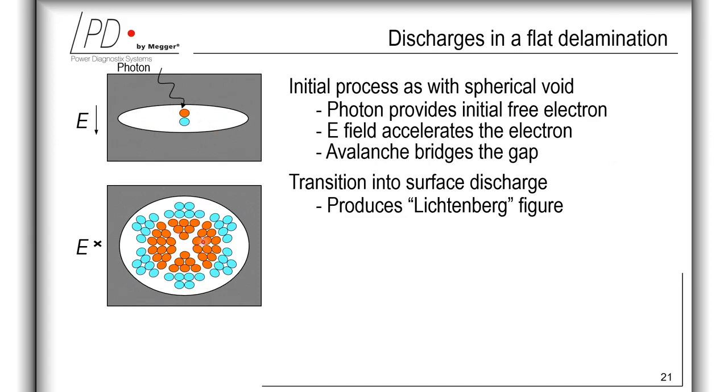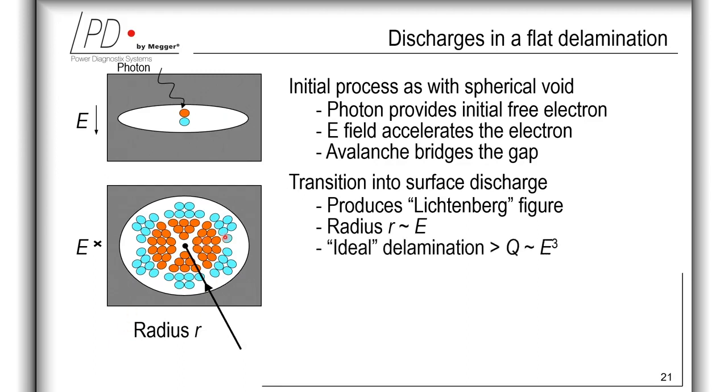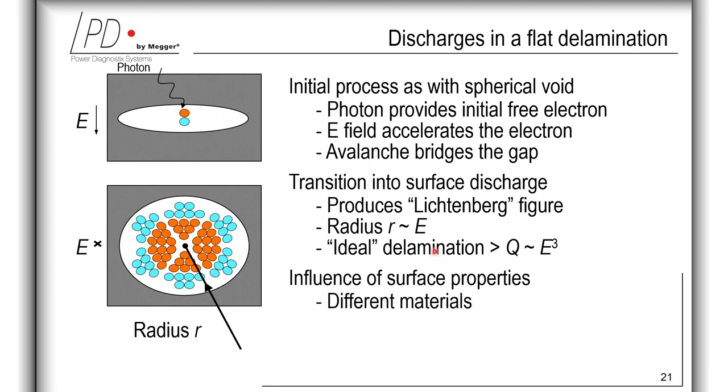Once the electron avalanche was started due to the first ionization by a photon having sufficient energy, the discharge is able to bridge the gap. However, this discharge causes a surface discharge on the landing surface, and the radius of the area covered by this so-called Lichtenberg figure on a dielectric surface is proportional to the local electric field at the start of the electron avalanche.